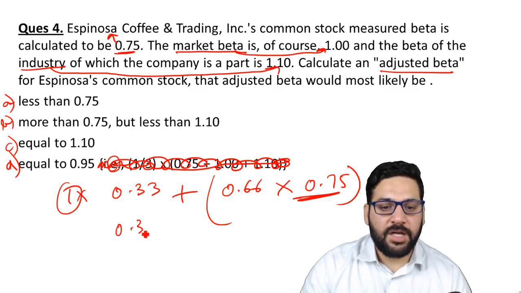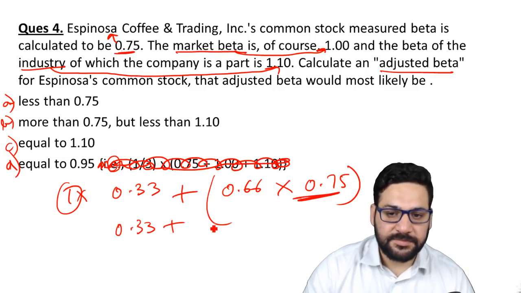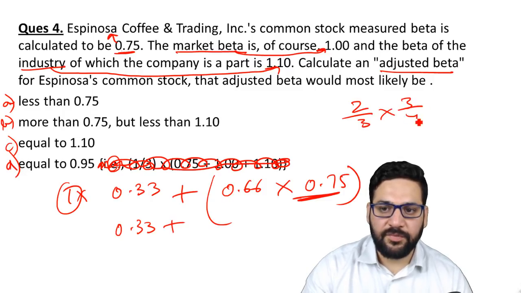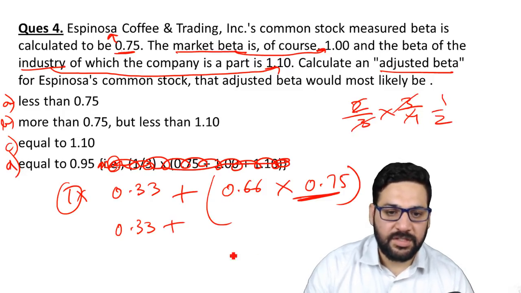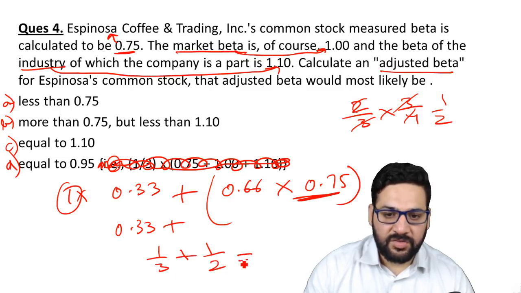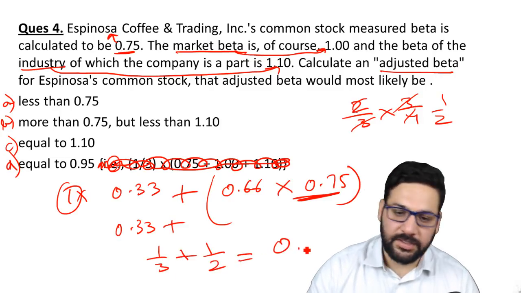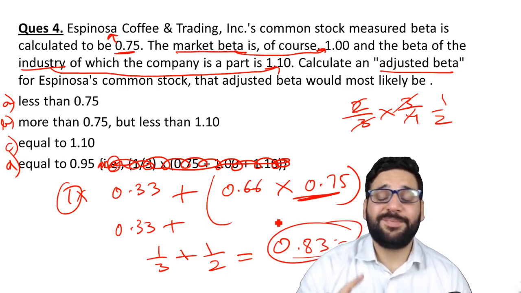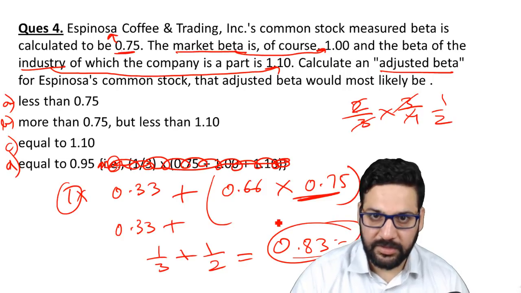So it becomes 0.33 plus, how are you going to do this? 2/3 multiplied by 3/4 becomes half. So this is 1/3 plus half, so it becomes something like 0.833. This is as per the Bloomberg formula, right?